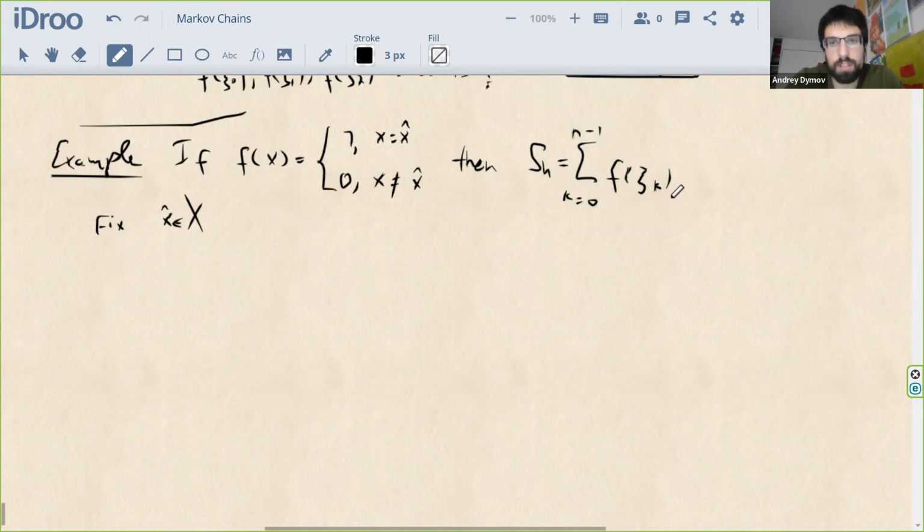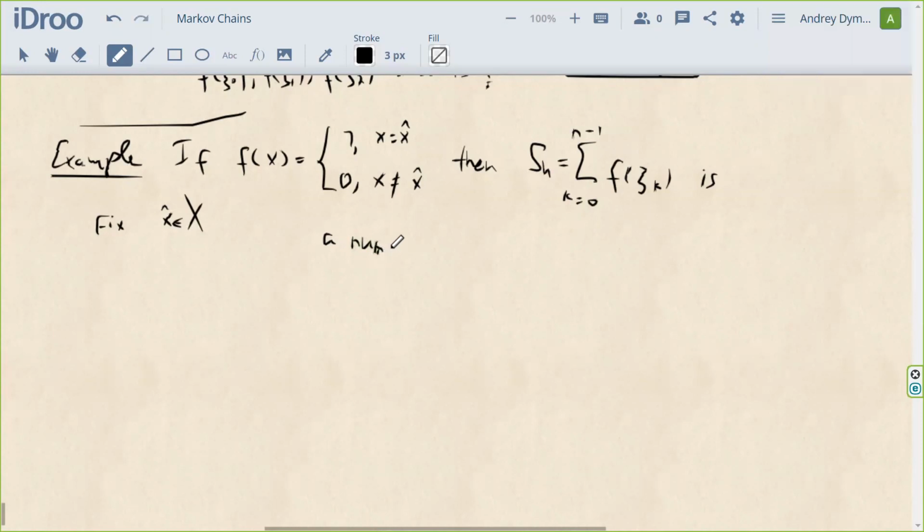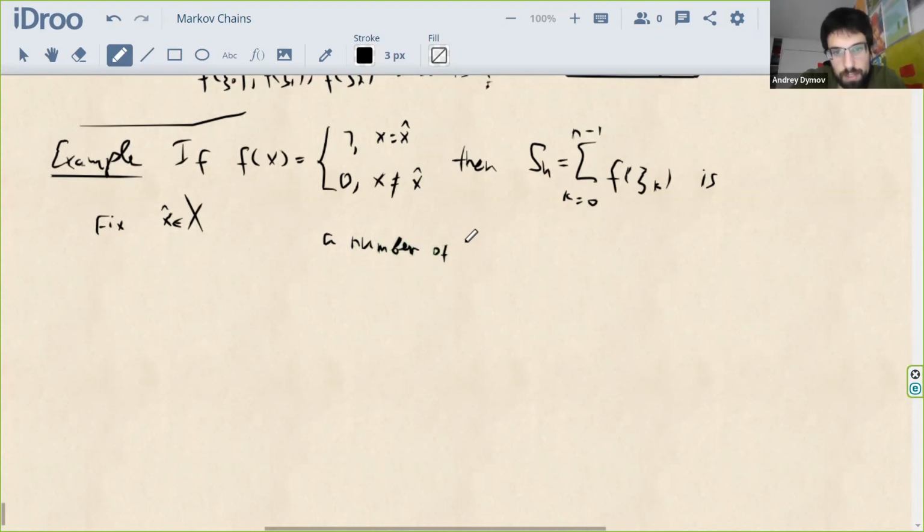What is the meaning of this object? This is a number. Yes, it is the number of times that the Markov chain, from 0 to n minus 1, visited the state x hat.